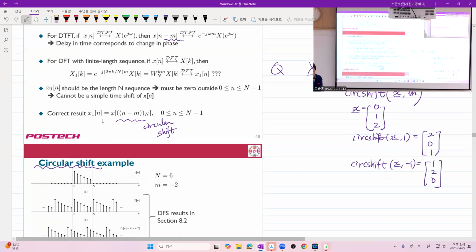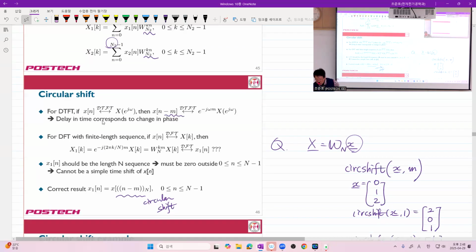Now the question is, let's define Y as the DFT of circshift X, M. Then what is the relation between X and Y? Got it? Or are they related, or are they almost arbitrarily related? What do you guess?